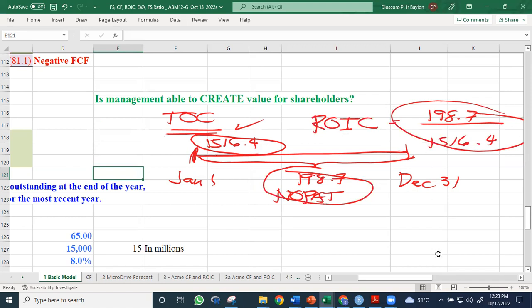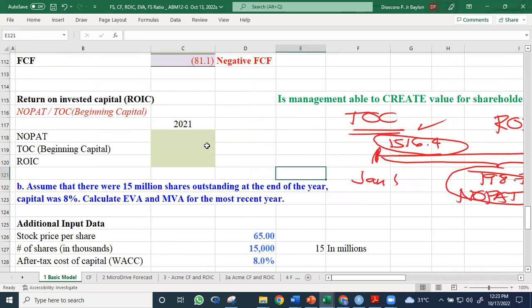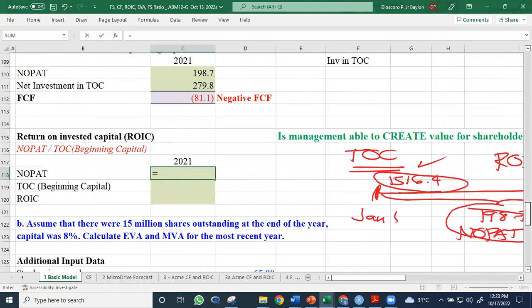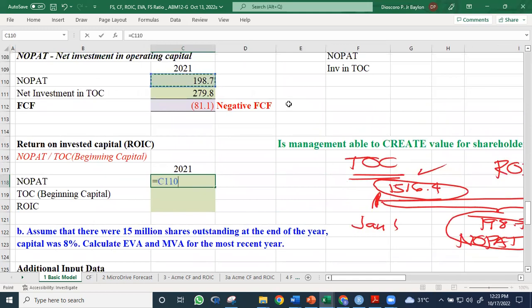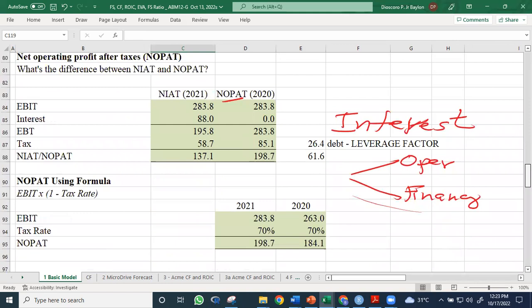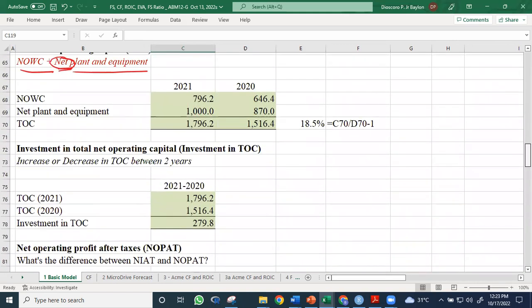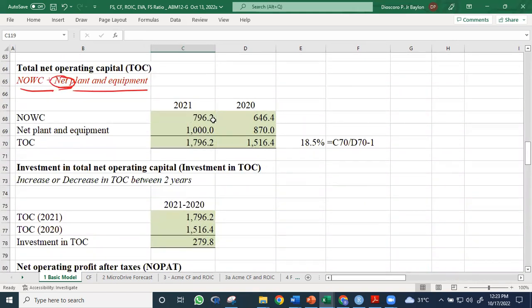Okay, so let's follow the formula. So our NOPAT is, kunin na lang natin dito sa taas, NOPAT ito, no? And then our TOC beginning, no? Beginning TOC. Ito, no? 1516.4, not the ending.